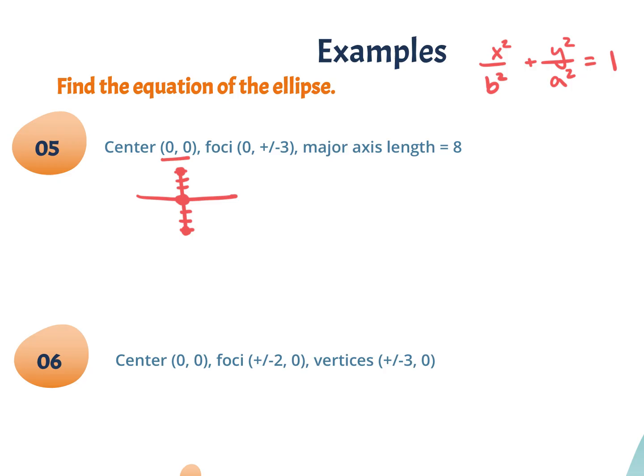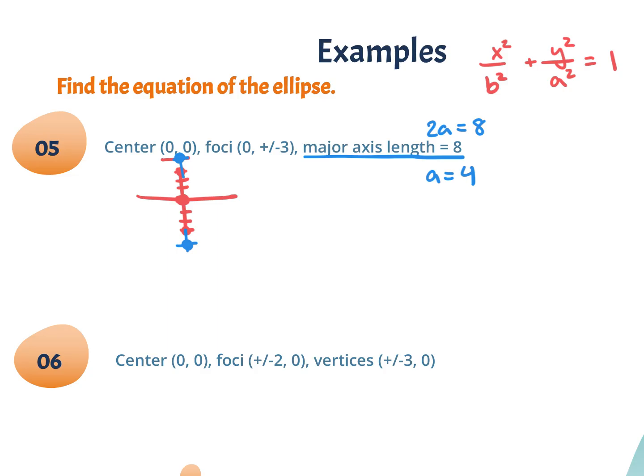And then it says we have a major axis length of 8. We talked about this from part 1. Our major axis length is 2 times a. So if 2 times a is equal to 8, what is just a? 4. Perfect. Our major axis would go up and down here. So we go up 4 and down 4, which would give us that entire length of 8.